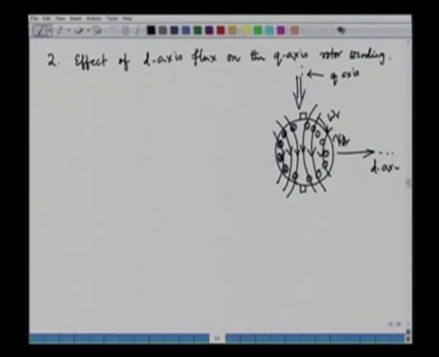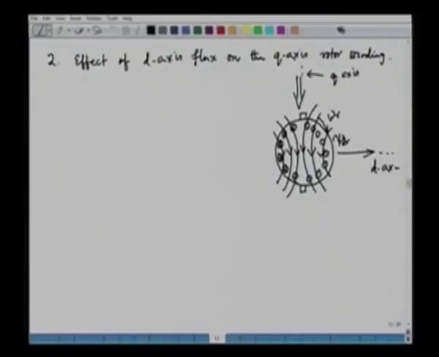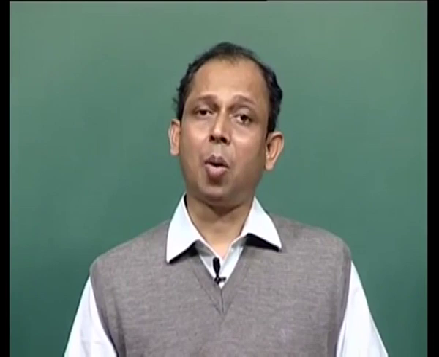So we can conclude here that due to the rotation of the rotor, the rotationally induced EMF in the q axis will be producing current and flux linkage which is negative, which means that the q axis rotationally induced EMF due to the d axis flux is in opposition to the applied voltage.